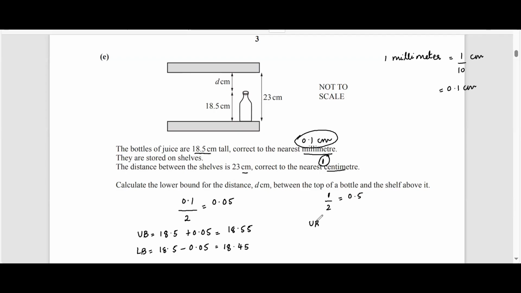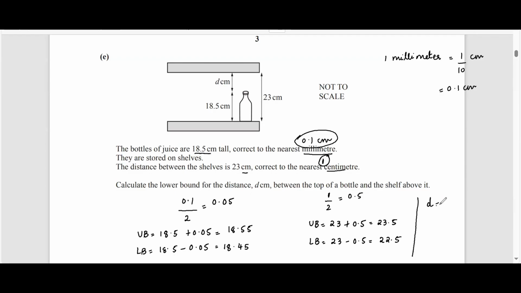So upper bound will be 23 plus 0.5, which is 23.5, and lower bound will be 23 minus 0.5, which is 22.5. Now the question was to find out the lower bound of the distance.